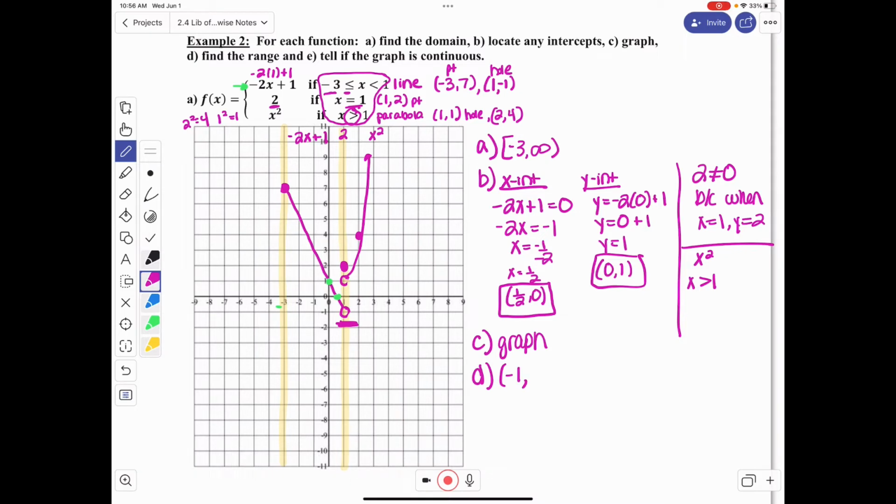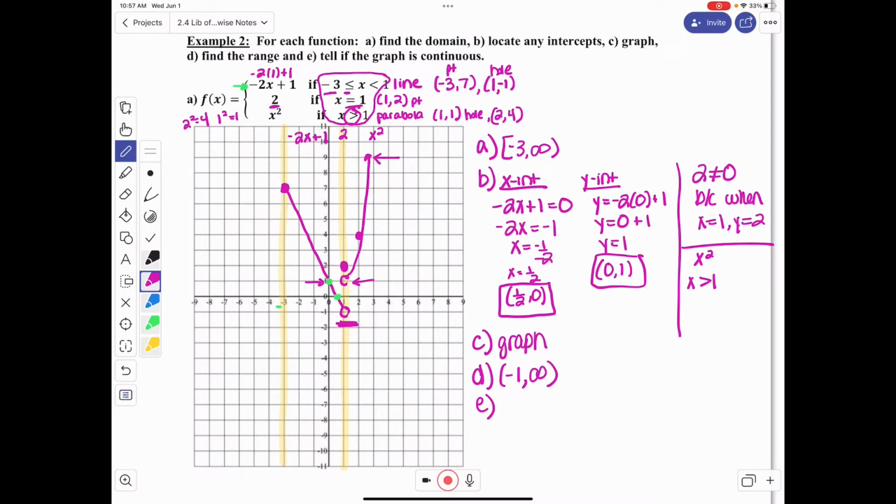And you look and see how high it goes. There's a hole right there. However, at the same y value, we have a point, so we don't have to worry about stopping. And here, it goes up forever, so we go to infinity. And then for part E, we're going to tell if our graph is continuous.